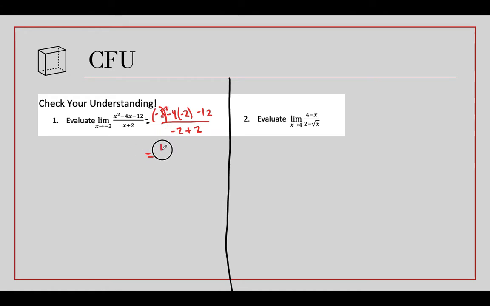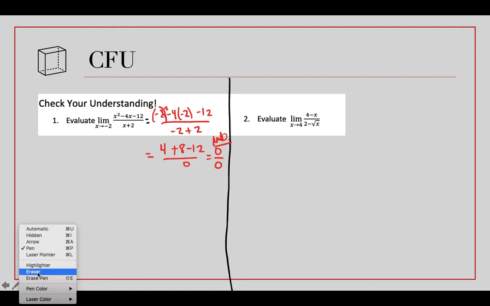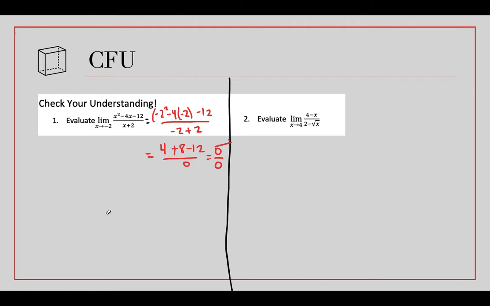So that would give me 4 plus 8 minus 12 over 0, which gets me 0 over 0. And we know that that is indeterminate, which is not good. We don't like indeterminate. Let me clear up that writing a little bit. Okay, much better.